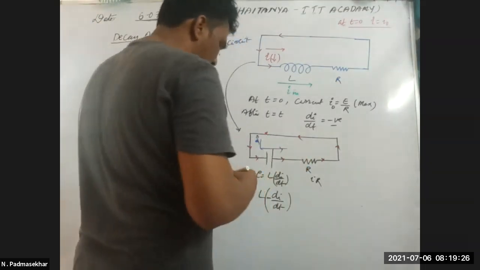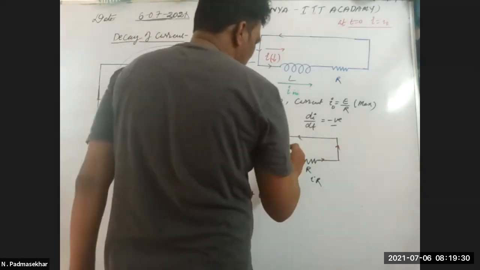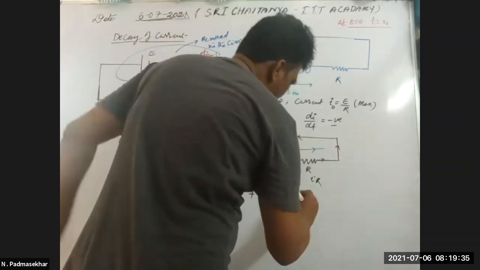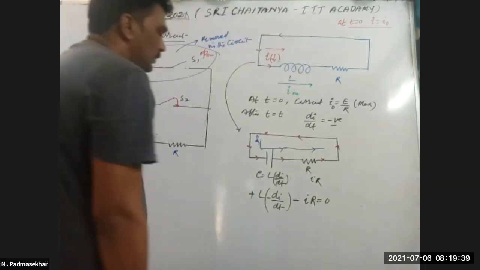Then minus IR in the direction of the current. So minus IR is equal to 0.